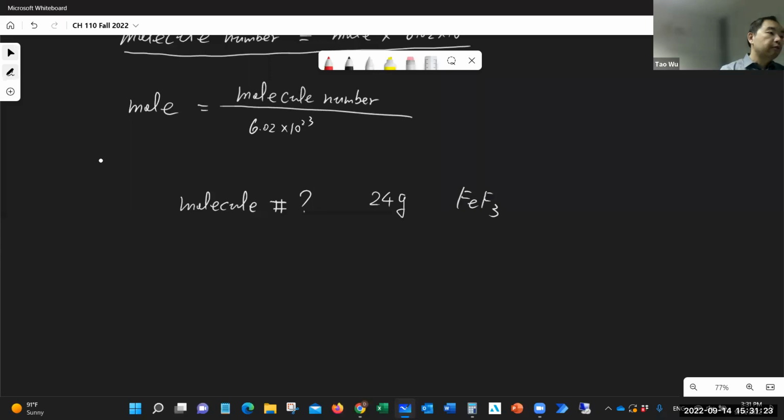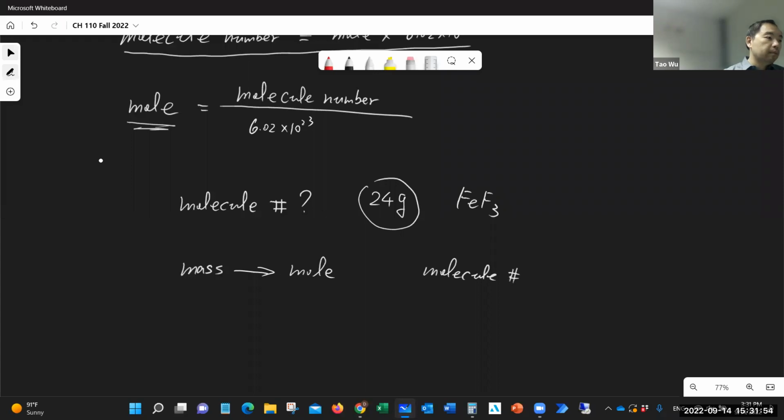First of all, this is giving you a gram, right? But here we only have the conversion factor between the molecule number and the mole. So actually, this is 2 different conversions. First, we have a mass, and we know mass can be converted to mole.